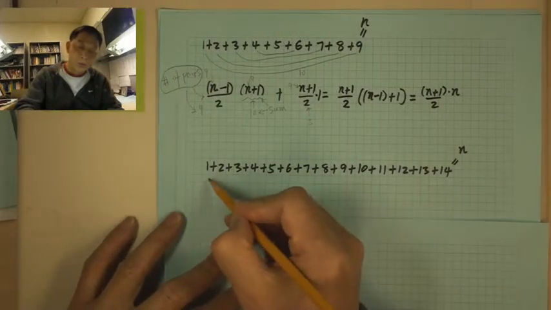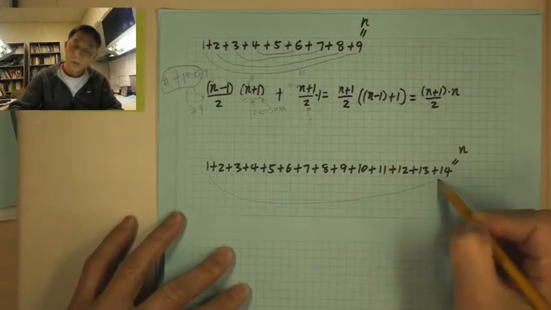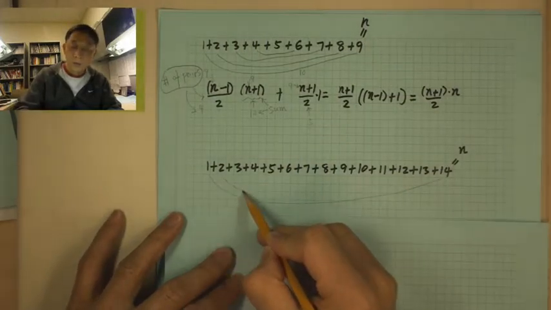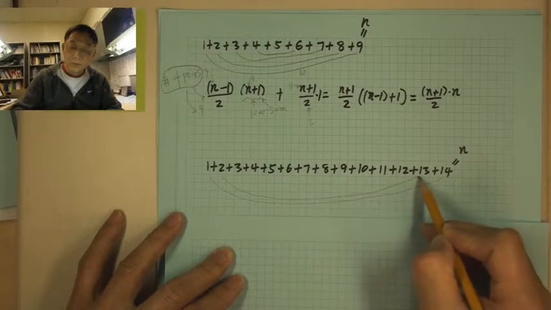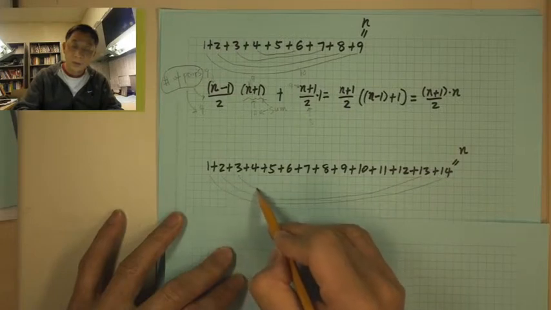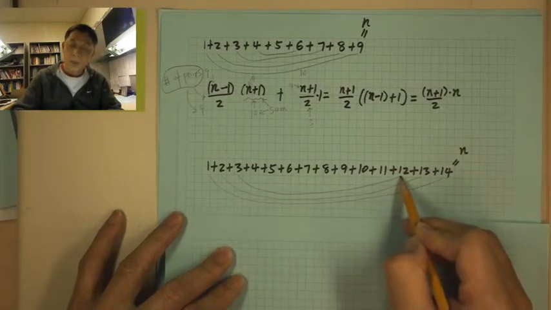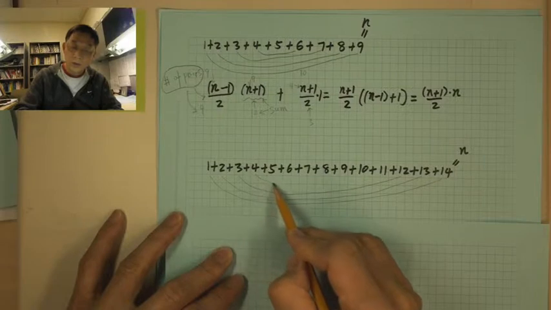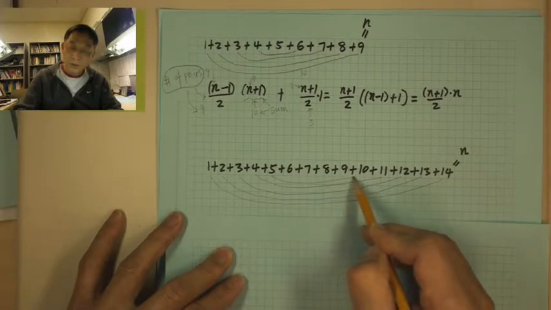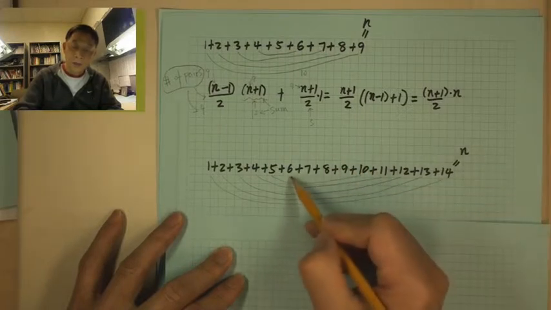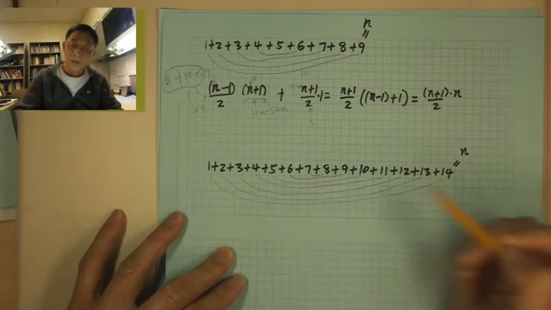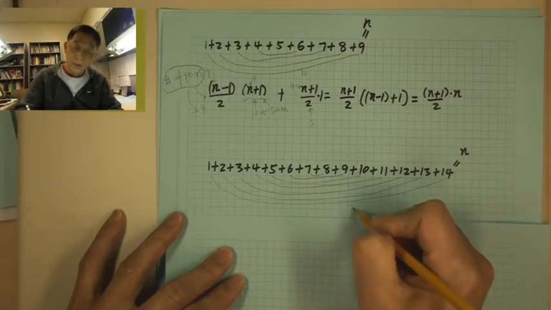Again, the observation: 1 plus 14 is 15. 2 plus 13 is 15. 3 plus 12, 15. 4 plus 11. 5 plus 10, 15. 6 plus 9, 15. 7 with 8, together is 15.